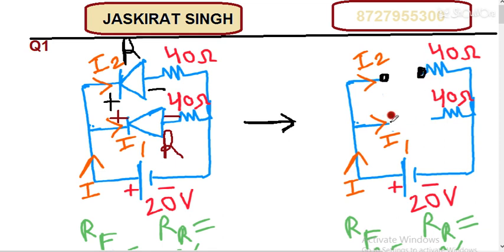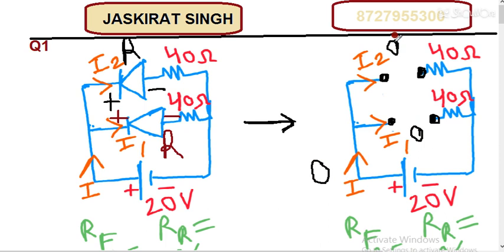That means no current will flow through it, and no current will flow through this also. No closed loop is there in which current can flow. So the battery will be useless, and this I is equal to 0. I1 is also equal to 0, and I2 is also equal to 0.